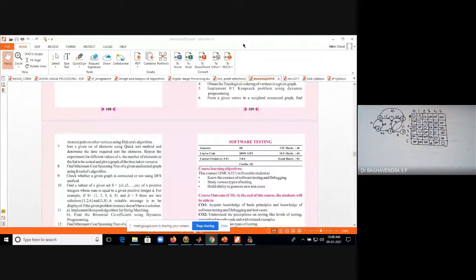That is the transitive closure, I think. So here only I am going to take this graph, that is Warshall's algorithm.